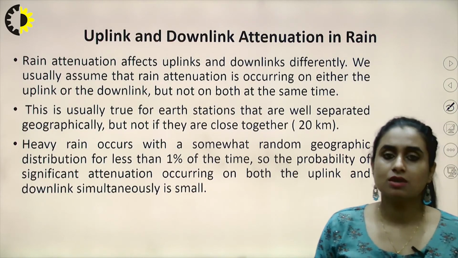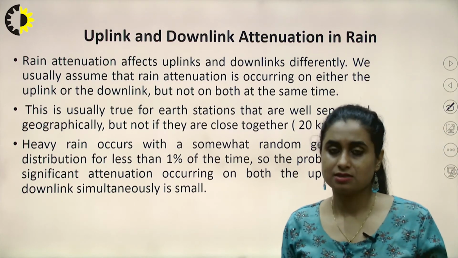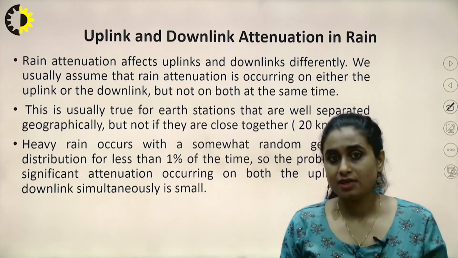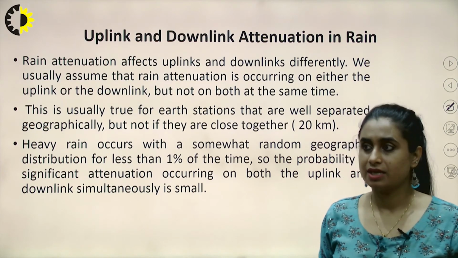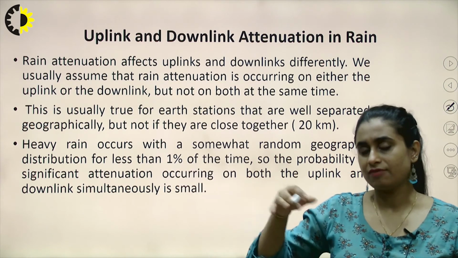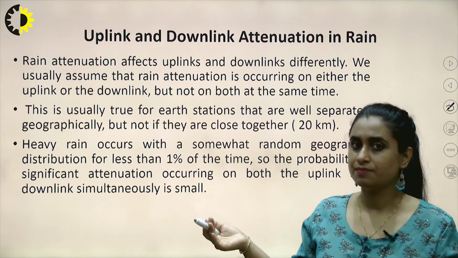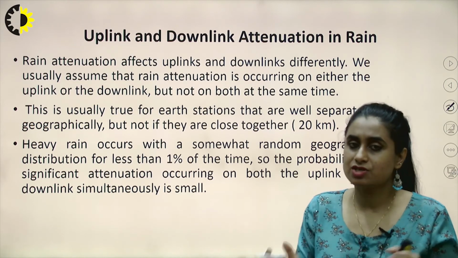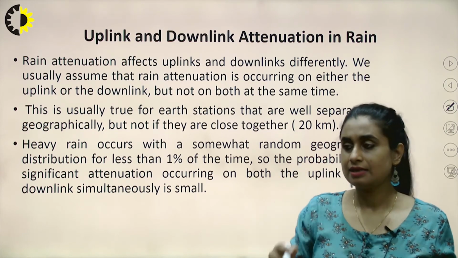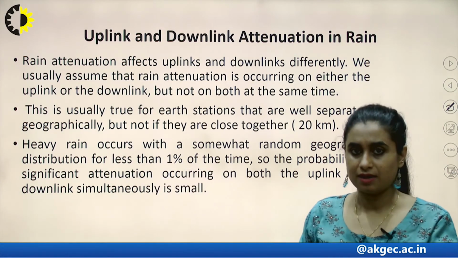Now let's talk about the rain fade. How much does rain affect the total overall communication? One thing we have to take care of whenever we are talking about satellite communication: my transmitter and receiver are considered geographically separated from each other, and when they are geographically far from each other, if we are considering the rain attenuation at the transmitter part, that is the transmitting link, then we have to ignore the rain in the downlink part.